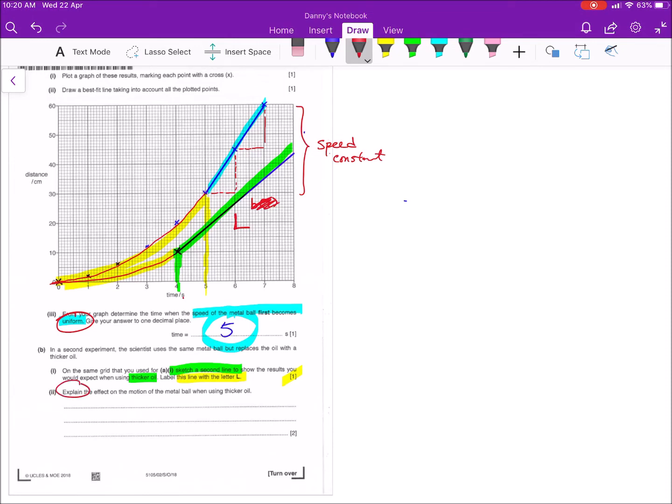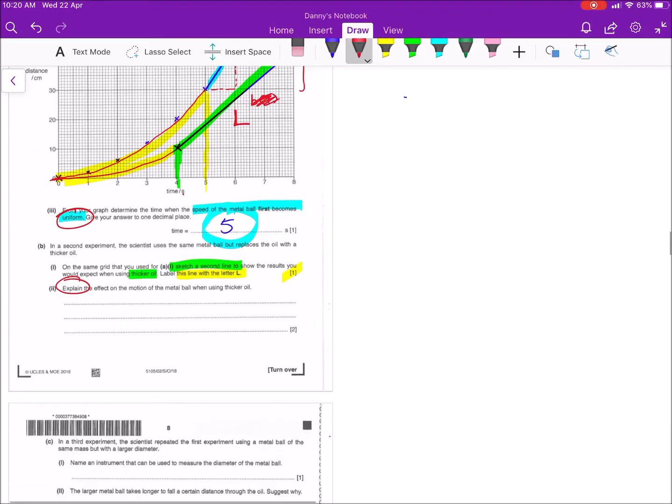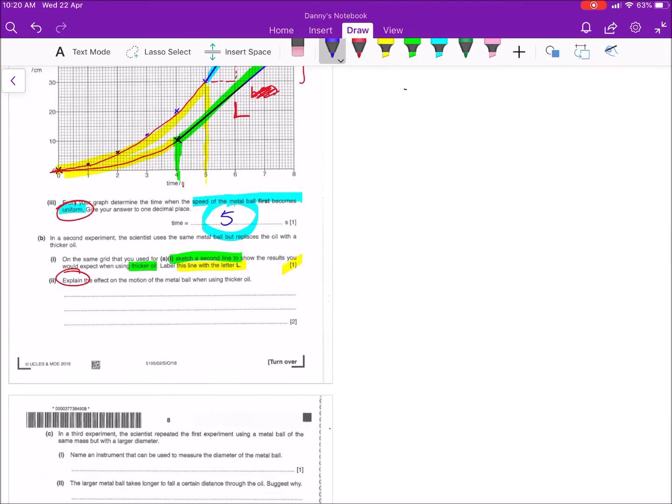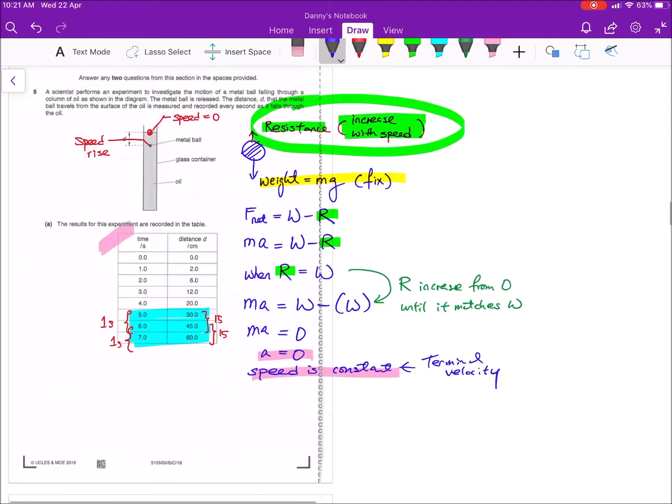And now I have to explain why is it that I will reach constant speed at an earlier time and why the speed is less steep. So let's explain. So with thicker oil, the resistance force acting on the object. What is the object name? Is it a ball?